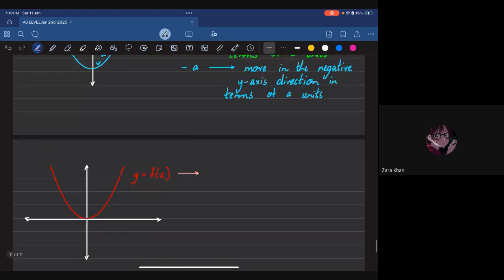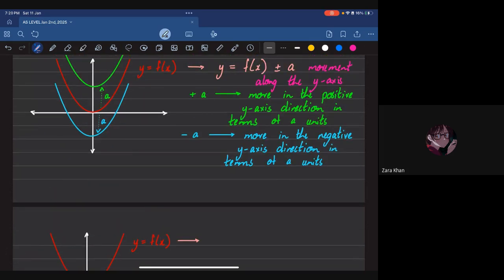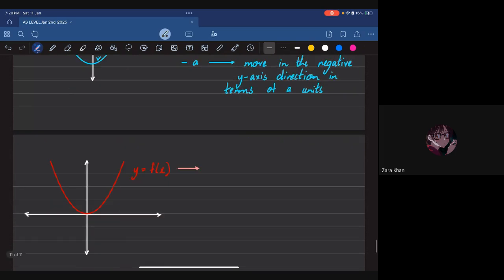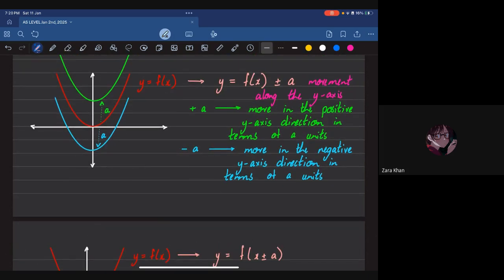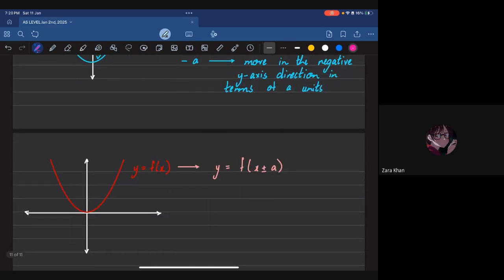First it was addition or subtraction to the entire equation, on the outside. Now what if something is exclusive to x? By exclusive to x, I mean what if something adds or subtracts inside the bracket, like f of x plus or minus a? Clear? Whenever this is the case, you're going to have movement along the x-axis.